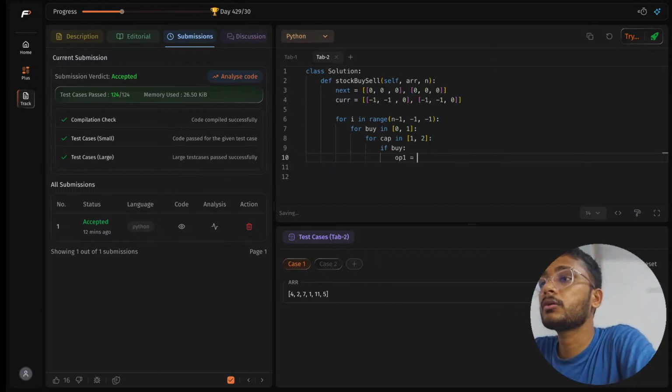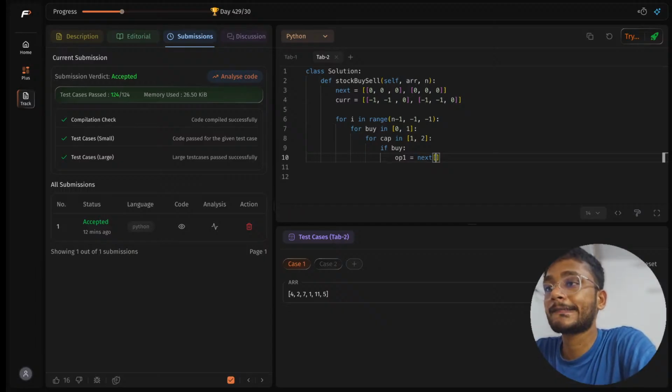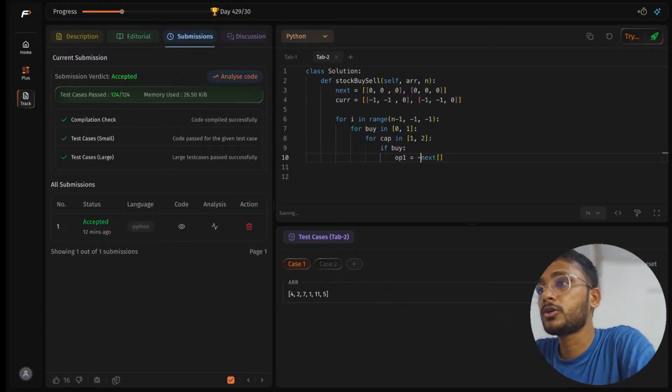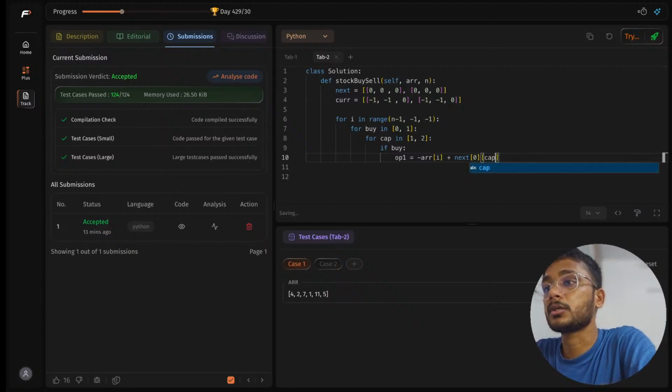Then option 1 will be next of, next will be I plus 1. And if you are buying, first thing we need to include array of I plus next. Now what you can do, you will say okay, I cannot buy further, so I have to sell, so I will change buy to 0 and capacity will remain capacity.